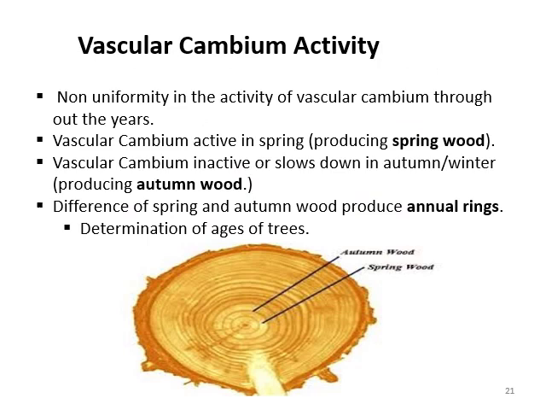The activity of the vascular cambium is not uniform throughout the year. This cambium is most active during the spring season. In this season, it produces wide and loosely dispersed tracheal elements in xylem that ultimately produce wood that is called spring wood.